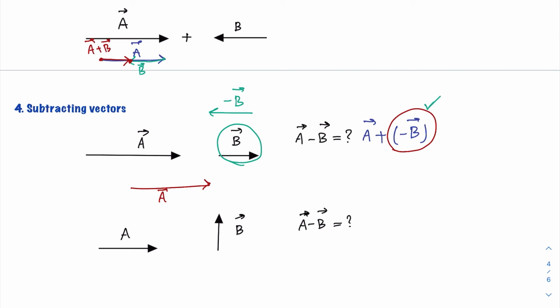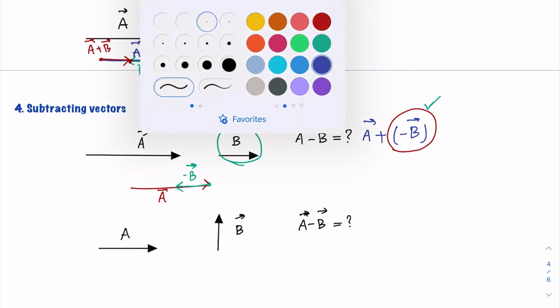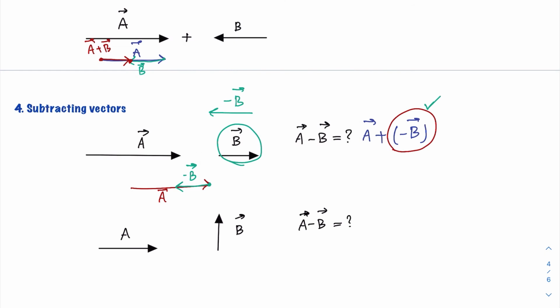Therefore, I will just use the head to tail or tail to head method. Again, I will do the same thing. Connect the tail to the head. So this will be my minus B vector. And then I am still left with one tail and one head.